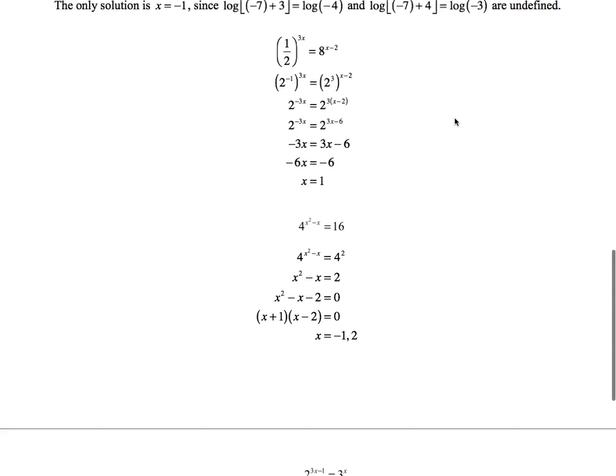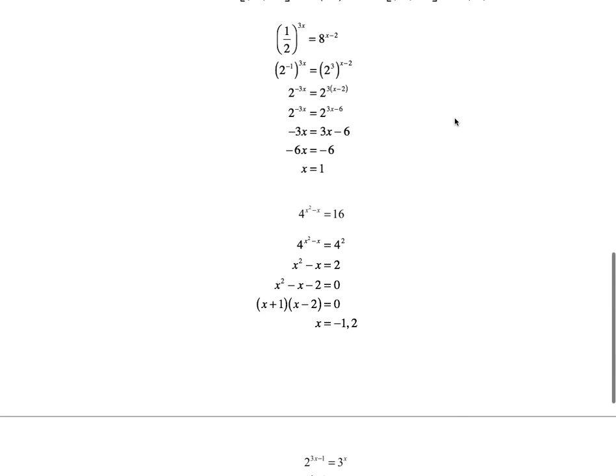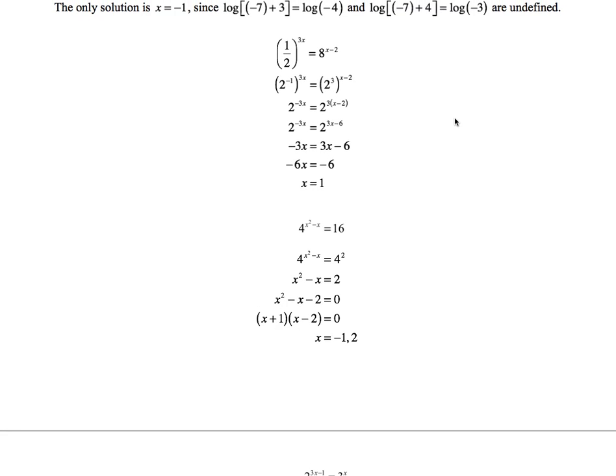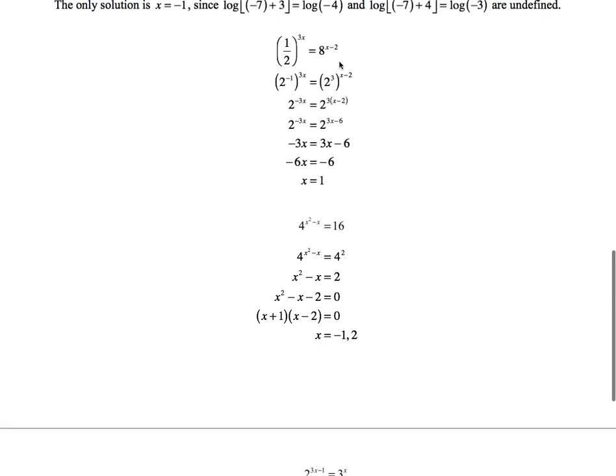Now, in both of these equations here, you're writing both sides of these exponential equations with the same base. In order to do it in this first equation, you apply the product property and the product to a power property that's found on the properties of exponents and radicals side of the one-page handout that I distributed in class.